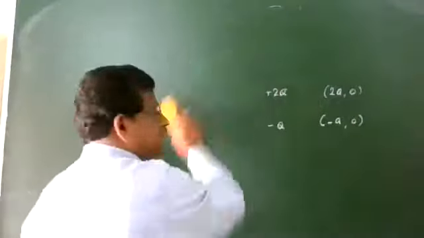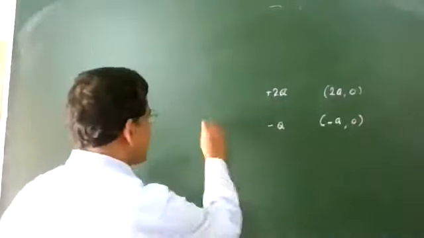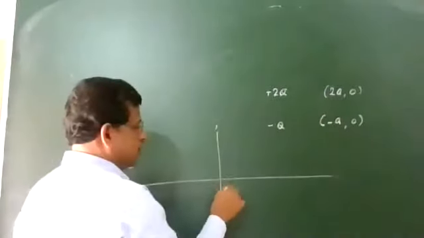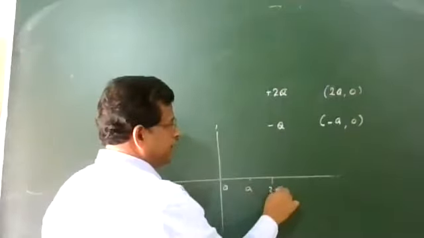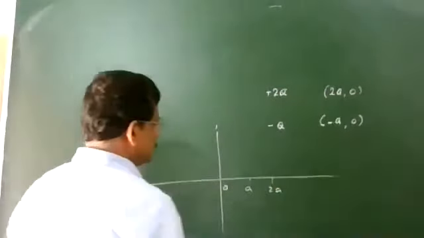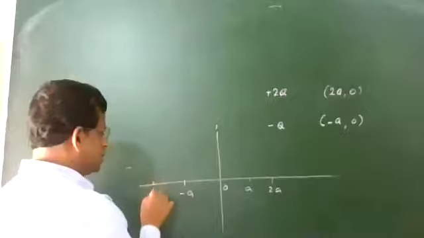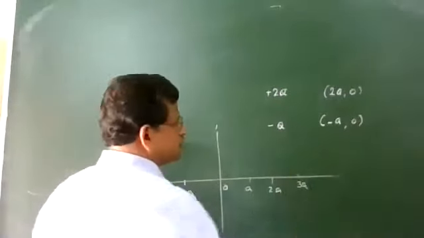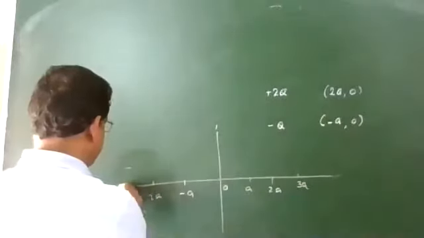So you can mark the coordinate system. Origin 0, A, 2A, and minus A, minus 2A. 3A also you can mark because the radius is given as 3A.